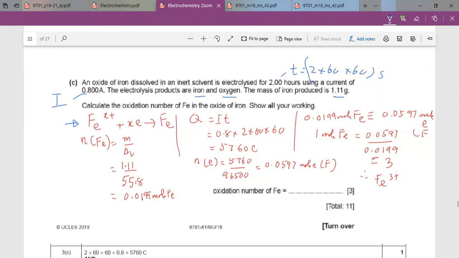They didn't tell you what kind of iron it is. Calculate the oxidation number in the oxide. Normally it's +2 or +3 but you don't know, so I put X+ here.